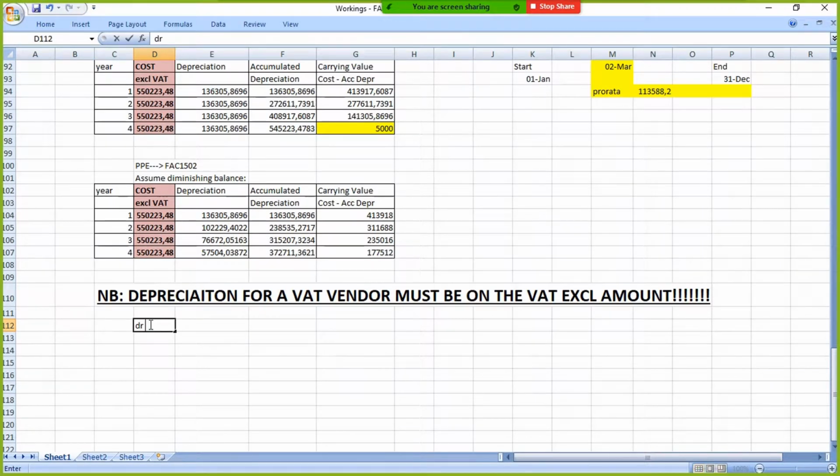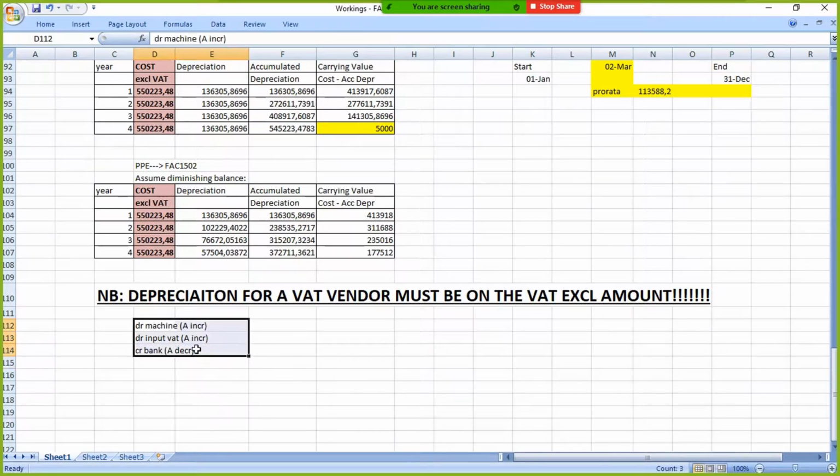You debit the machine, asset increase, you credit the bank, asset decrease, and you capture input VAT.